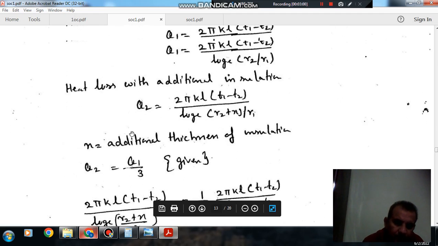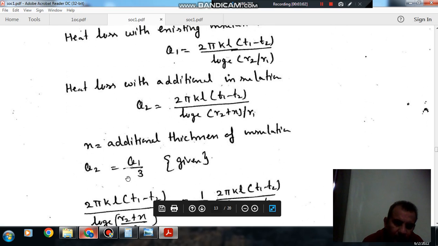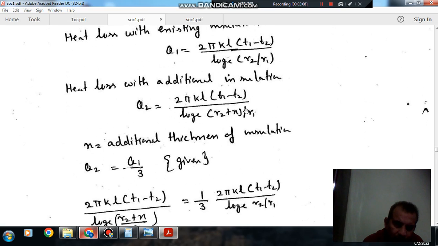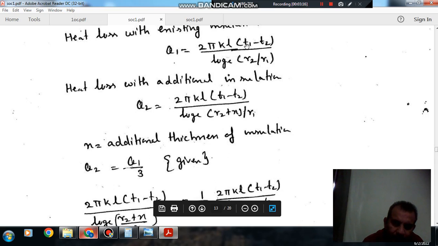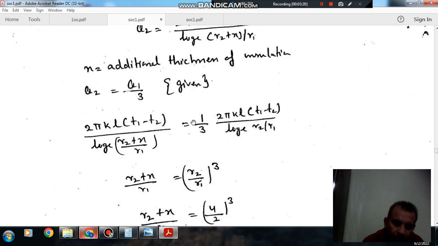Q2 is 2 pi KL (T1 minus T2) divided by ln of (R2 plus X) divided by R1, and Q1 is 2 pi KL (T1 minus T2) divided by ln R2 by R1, and this is 1 by 3.